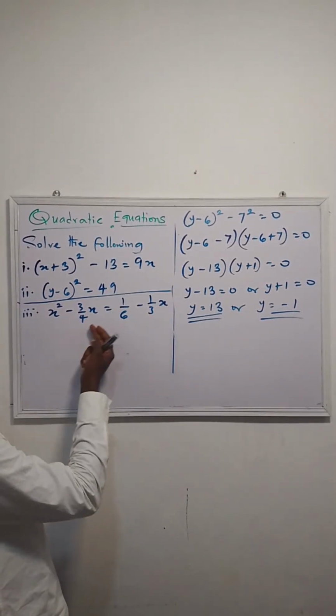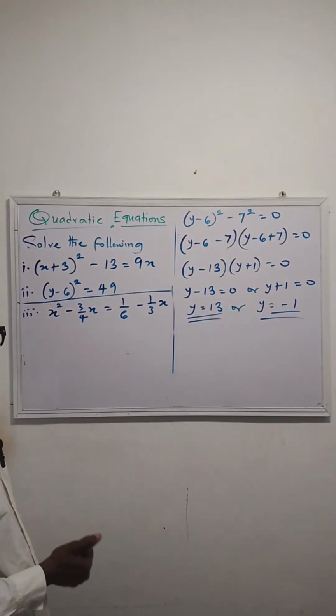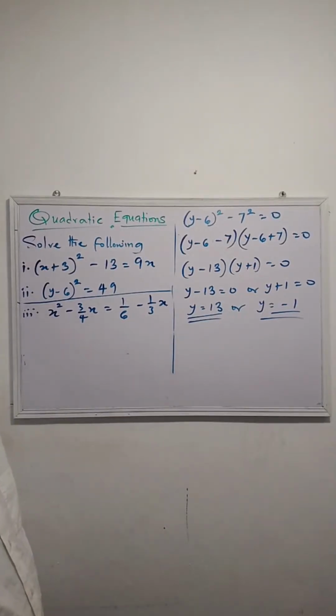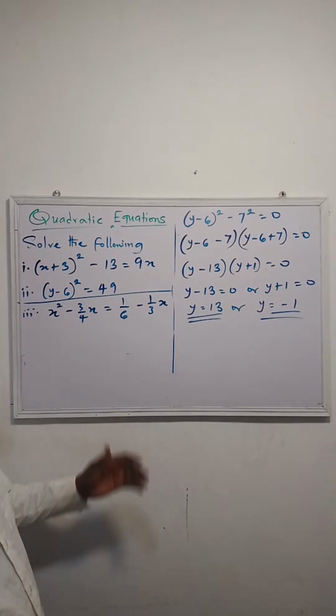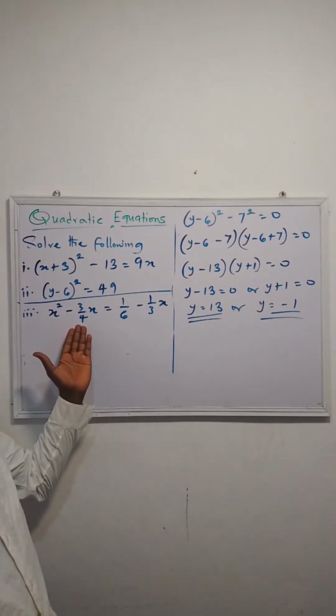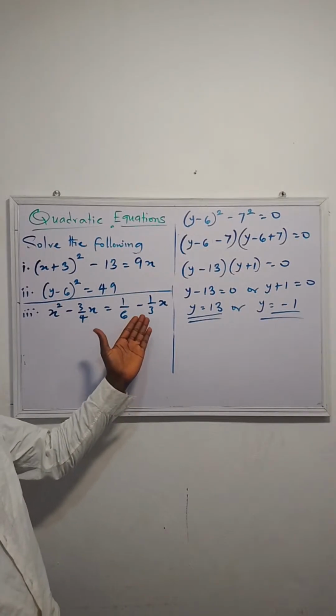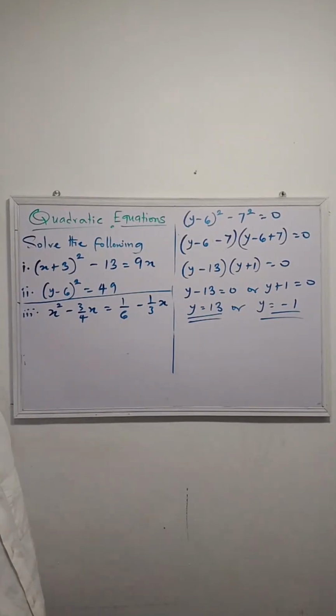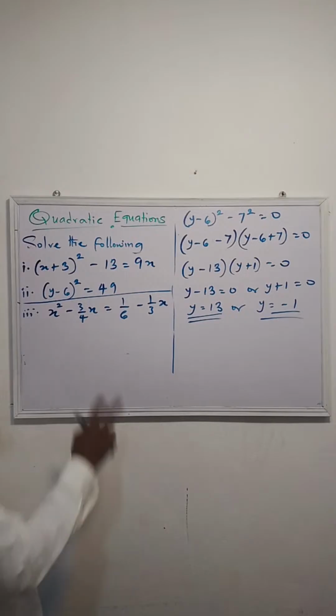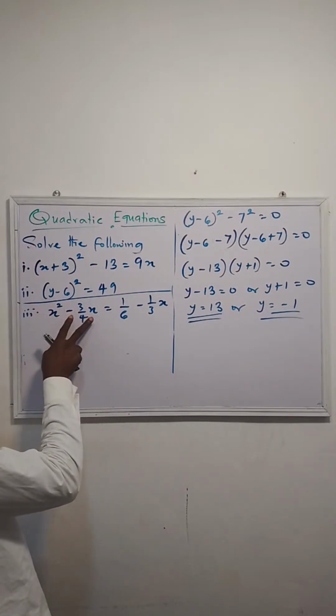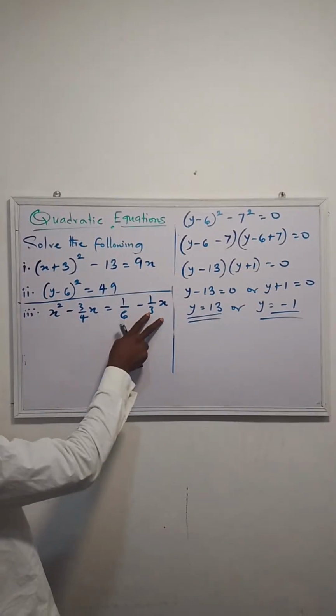So all you need to do is find the LCM of the bases. So what is going to be the LCM of 4, 6, and 3? I think that is 12. So now we multiply this by 12, this by 12, this by 12, and this by 12.